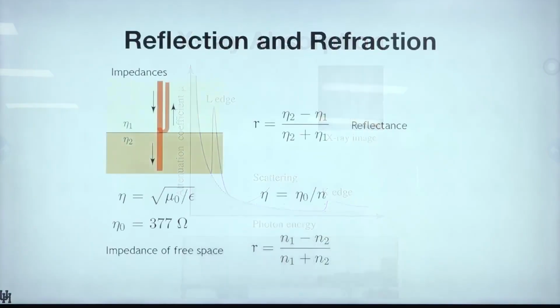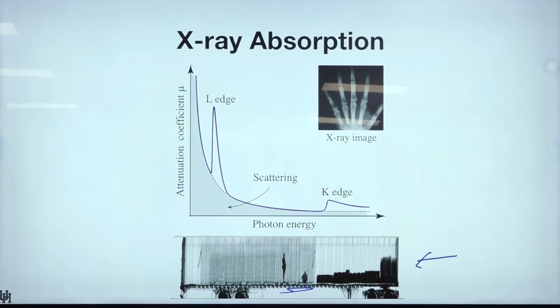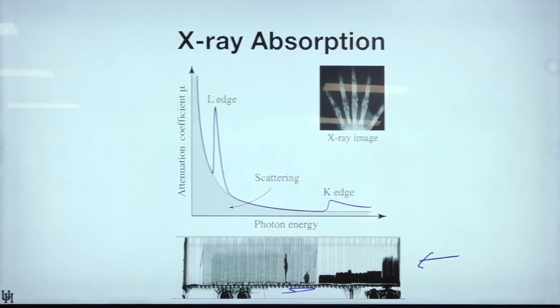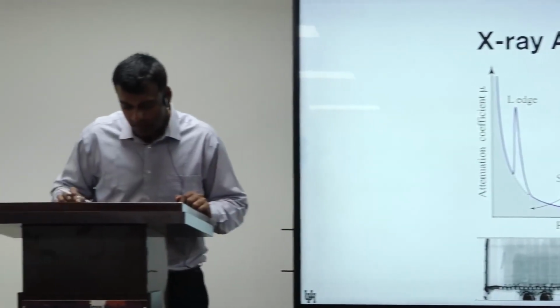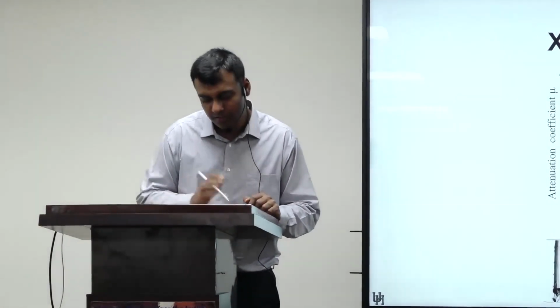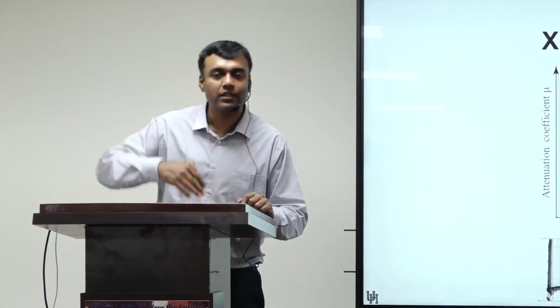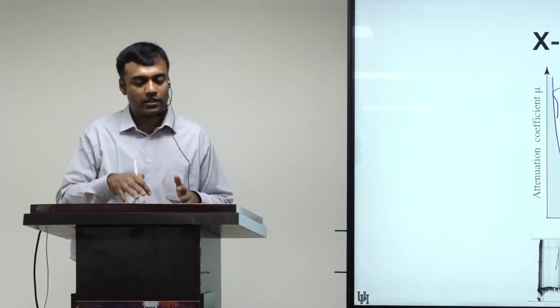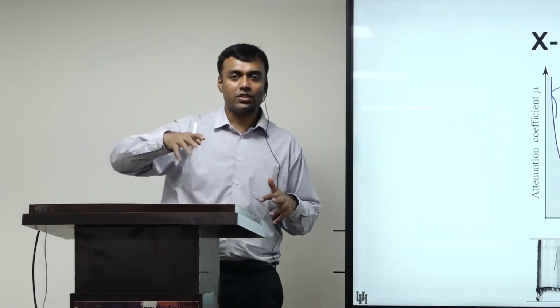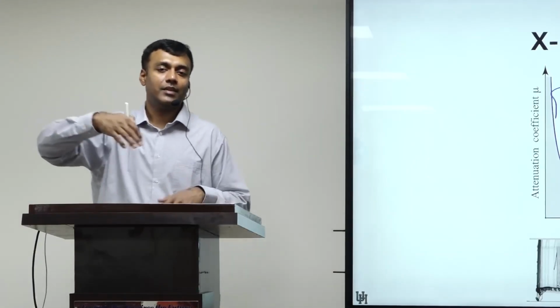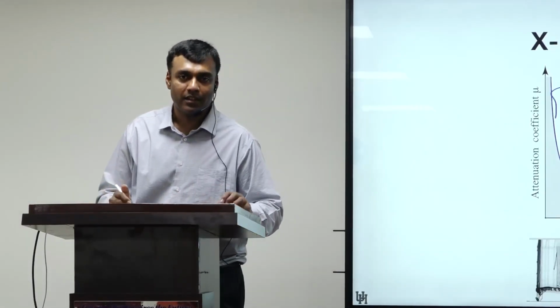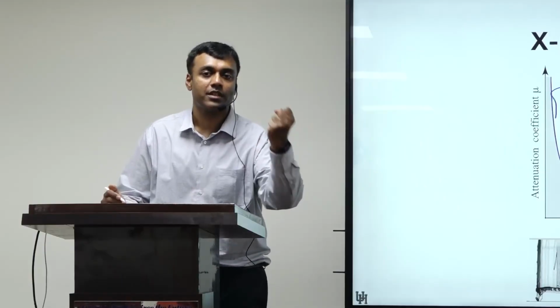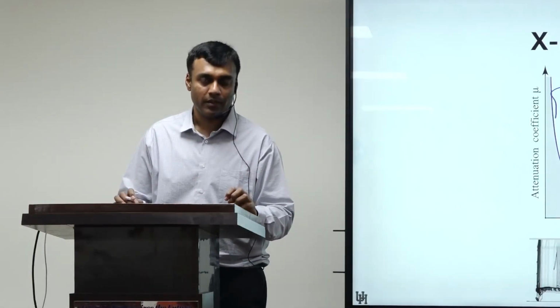L edge, yeah. So the K edge, these are the different kinds of bumps. Just like you have absorption profiles in optics, in X-rays you have something similar, like preferential absorption at some specific photon energies.